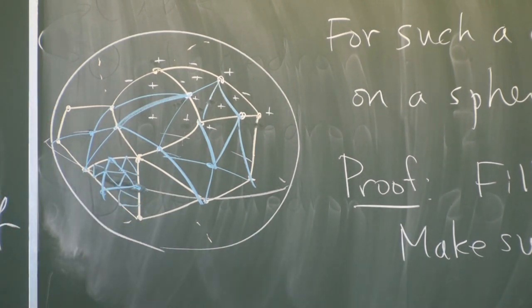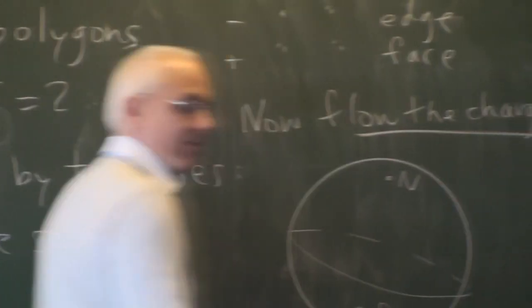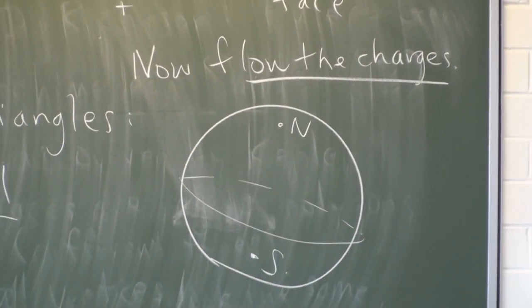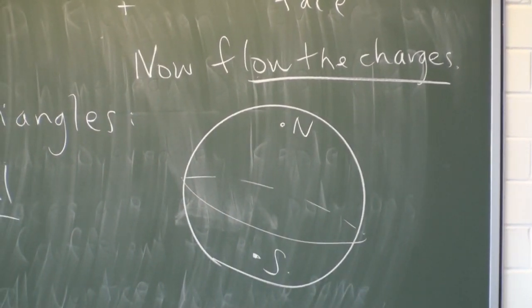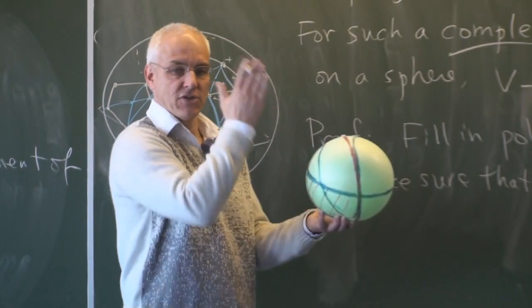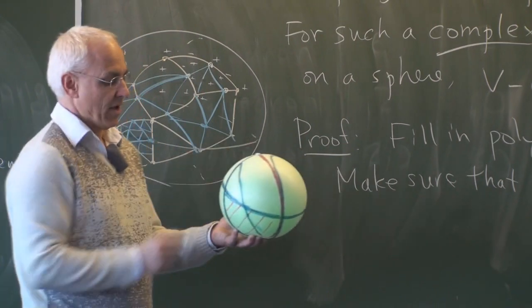The way we're going to flow them is we're going to, rather arbitrarily, introduce a north pole somewhere and a south pole on our sphere. The north pole and south pole give us lines of longitude: a great circle that goes from the North Pole to the South Pole is a line of longitude, the intersection of the sphere with planes through the origin and the North and South Poles.